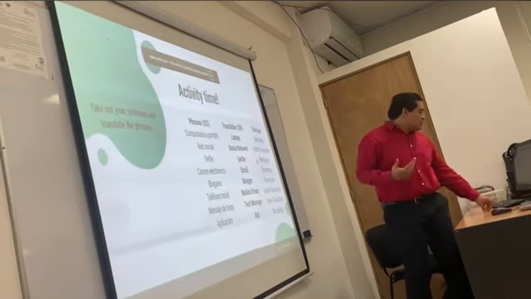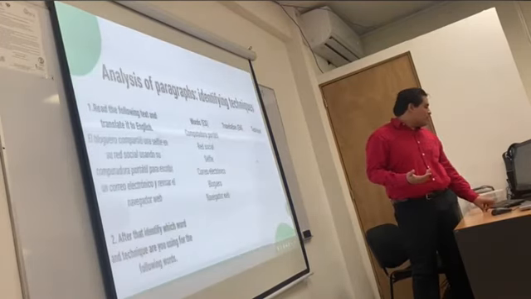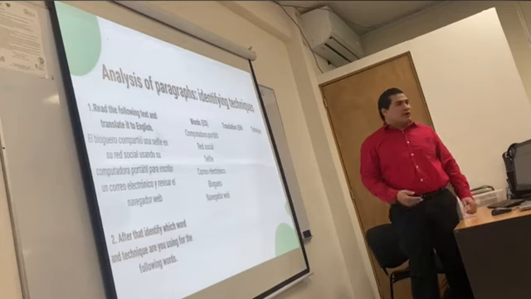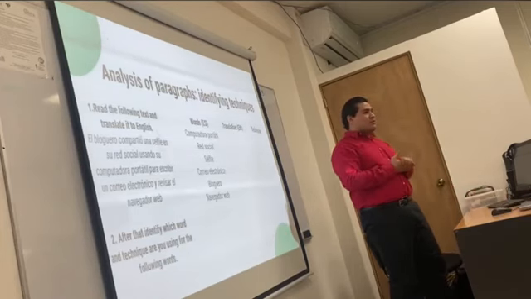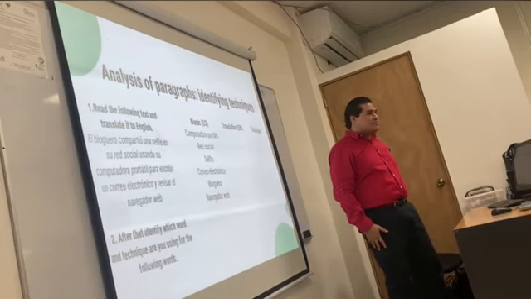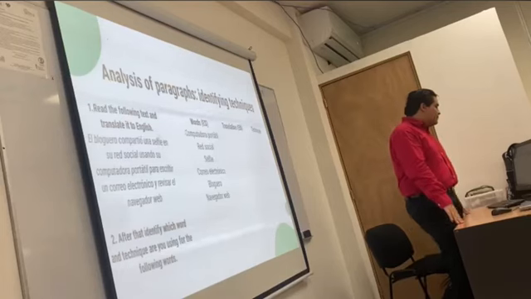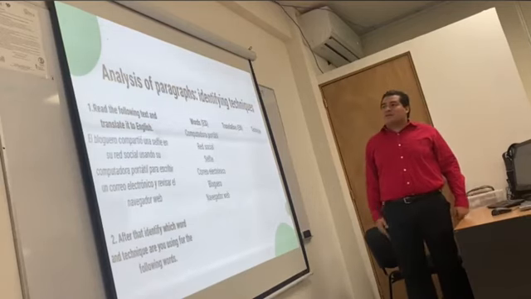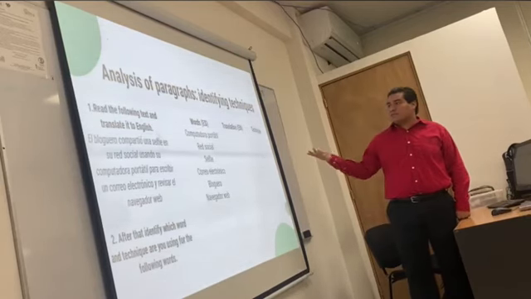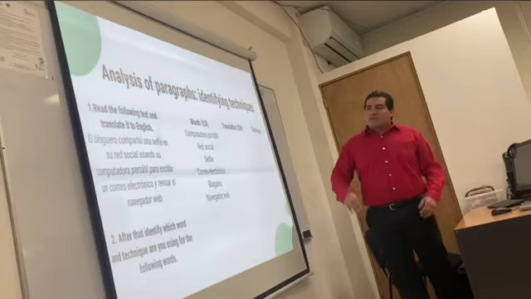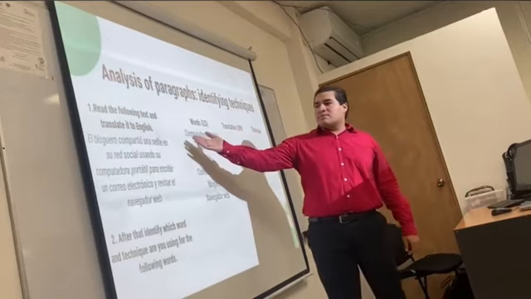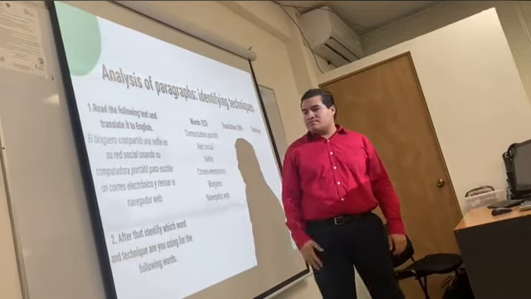Let me just continue with the second activity. I don't know if your classmate can help me with this. Yeah. All right. So this is analysis of paragraphs, identifying techniques. You need to first read the following text and translate it to English.